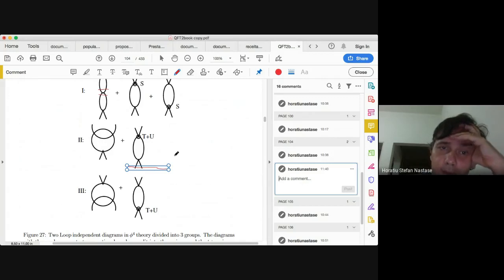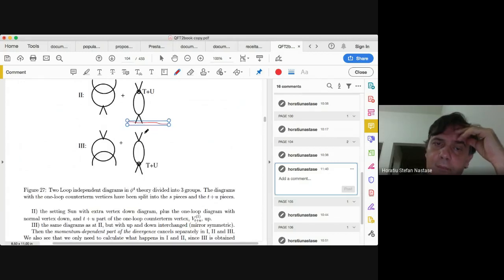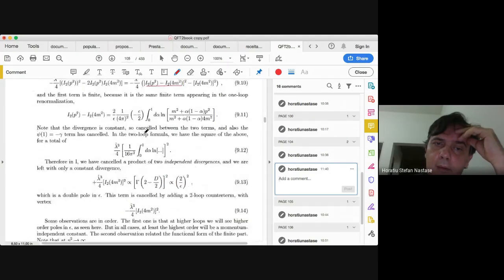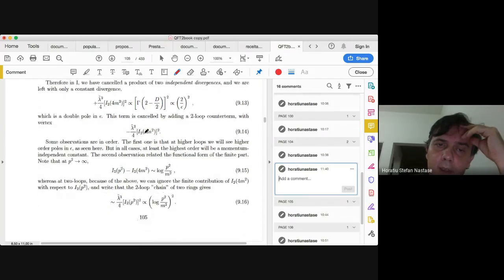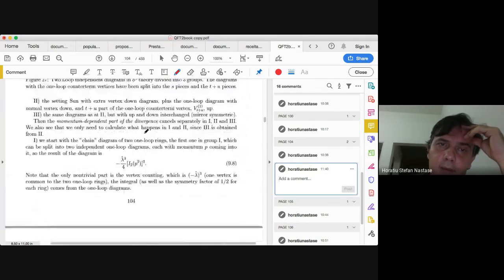So this was already the 1 loop integral, the 1 loop integral I2 times the vertex, the part of the counter term vertex that was constant, which was I2 of 0.